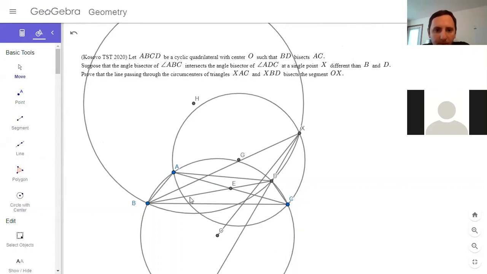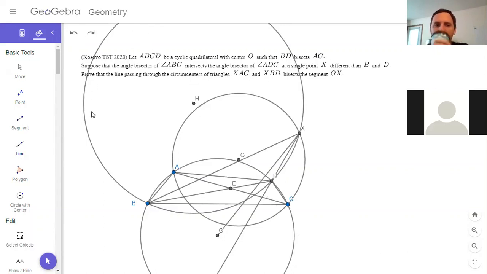Let's see. So we want to show GH bisects OX. So GH is the line joining the centers of two circles, so it's perpendicular to the radical axis.